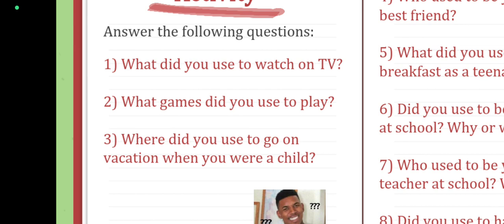I used to watch Mazinger Z on TV. Really good. Awesome job, Luiraima. Now let's pass to Michelle. Oh, I think Michelle is not there, so let's pass to... Yes, teacher.